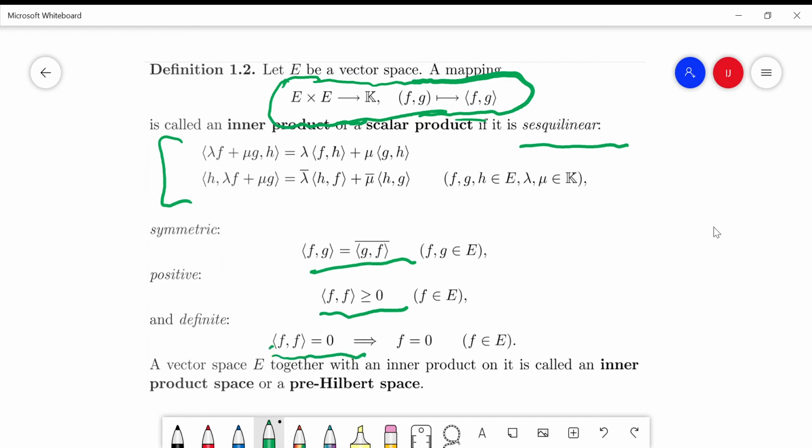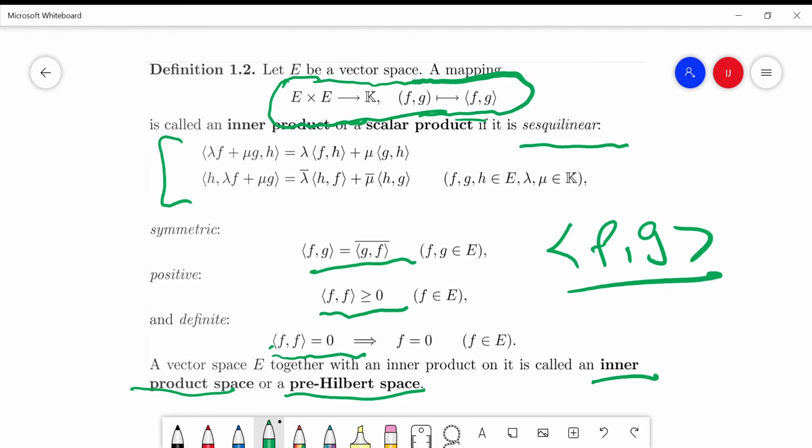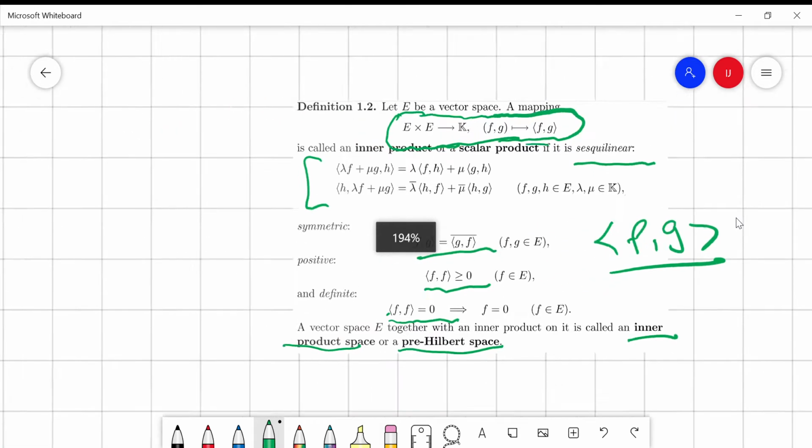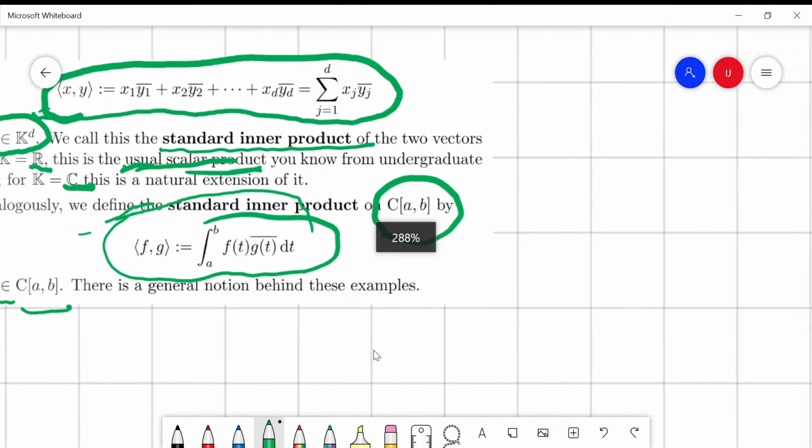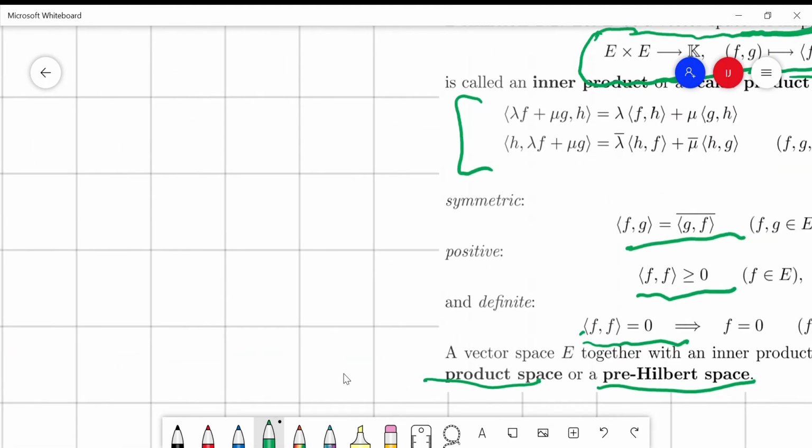When all these are satisfied for our defined inner product, we call the space an inner product space or Pre-Hilbert space. So now let's prove that for our defined inner product all these properties are satisfied.